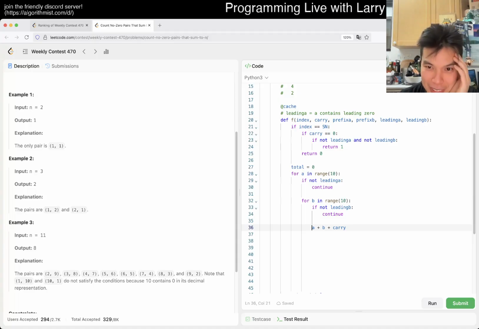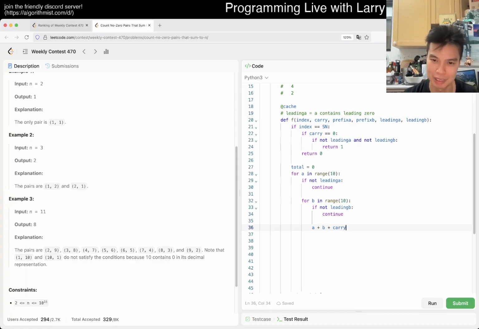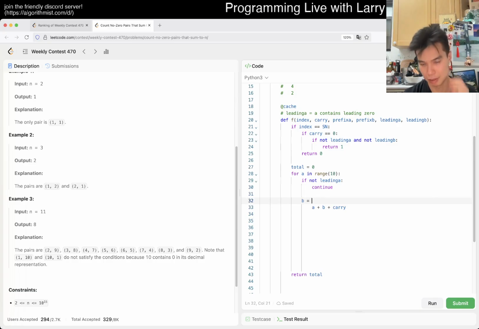Is this fast enough? I guess this is just a lot of, I mean, only 15 digits. It should be fine, but still a little bit messy looking, right? Actually, okay, so this is equal to the target, right?